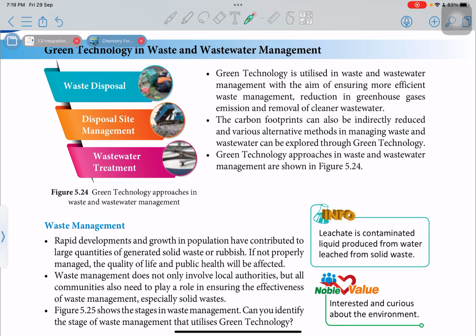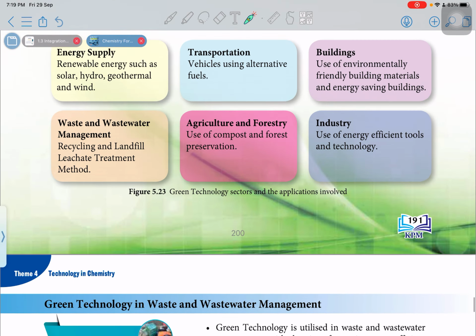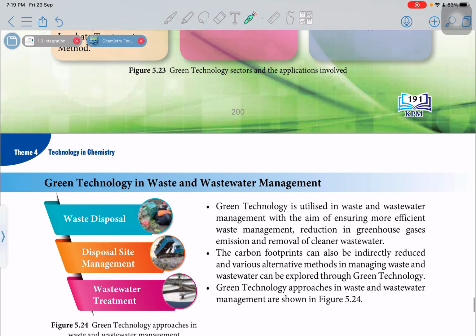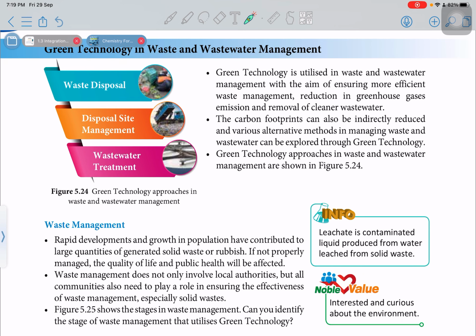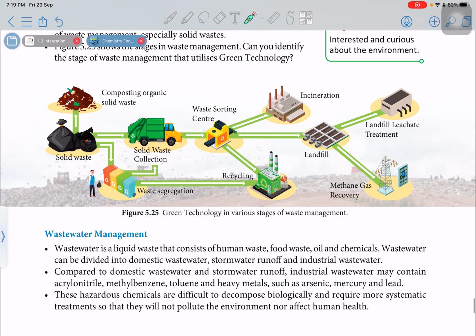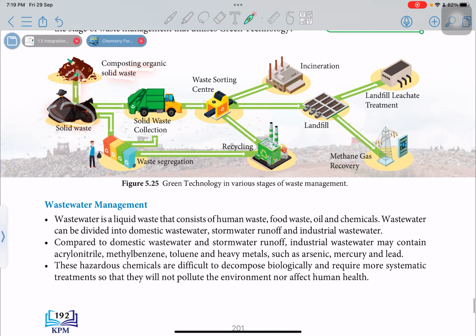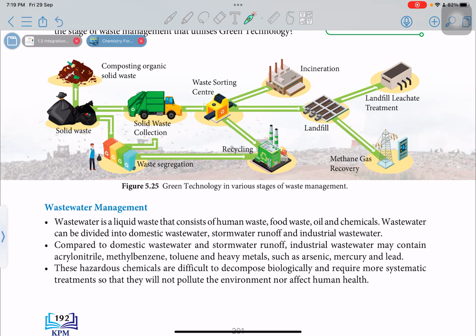So green technology ni bukan sahaja diguna dalam sektor-sektor macam kenderaan, buildings, energy supply, tapi dia juga diguna dalam sektor waste, sektor pembuangan, bahan pembuangan. So ni contoh dia, solid waste. So dia dikeluarkan jadi composting organic solid waste. So ni adalah dia punya proses lah.